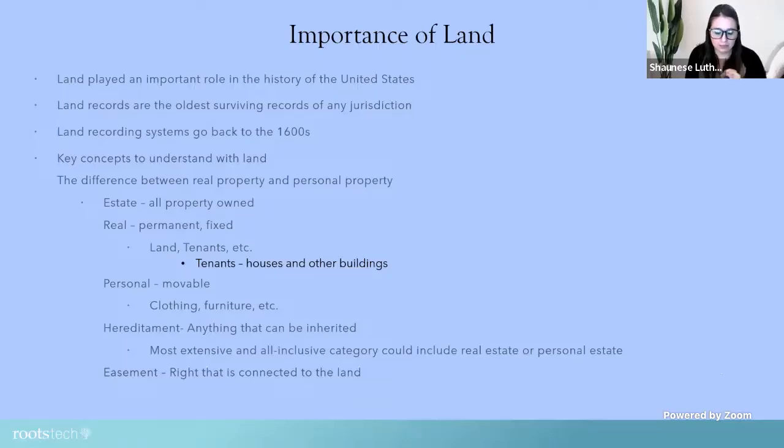I probably misspoke that. Anything that can be inherited. And then you have the easement, which is the right that is connected to the land. So like, if I had connection to the land, it would be my right to have that land.